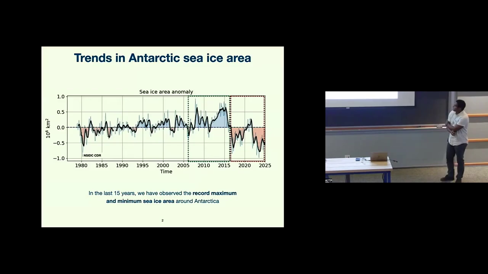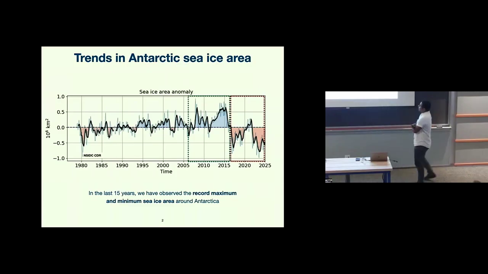And prior to that, there was this period of sea ice expansion, right? What's really remarkable is that you have basically this record high in sea ice extent, almost immediately followed by what was then the record low, and that happened within roughly less than 5 years, right? And so when I say whiplash, I'm referring to this extreme swing in Antarctic sea ice extent.